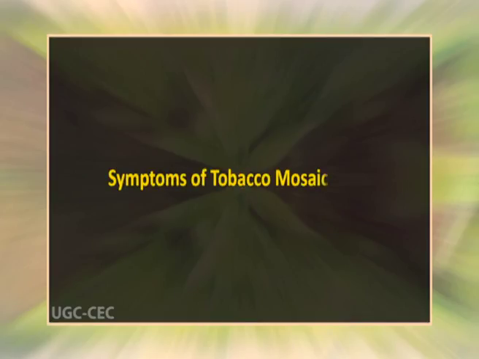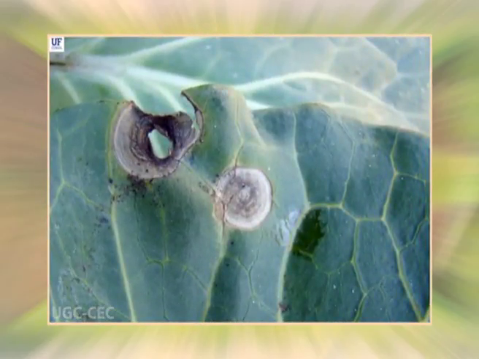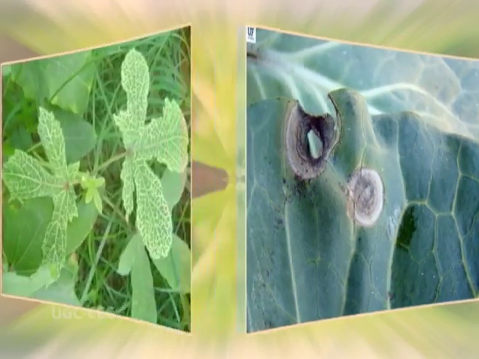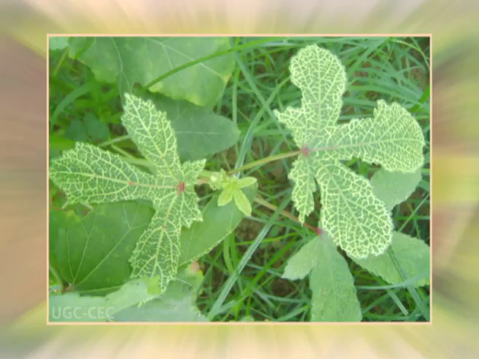Now, coming to symptoms of tobacco mosaic virus. The symptom is systemic mosaic type. The primary symptom on young leaves is faint circular chlorotic lesions appearing with gradual vein clearing. This is followed by the development of characteristic systemic mosaic.